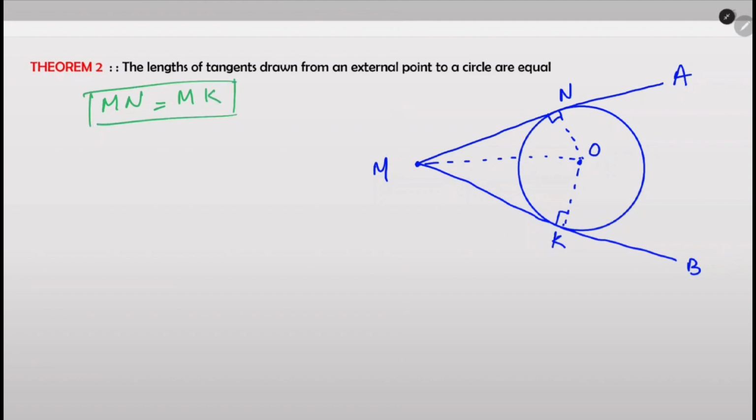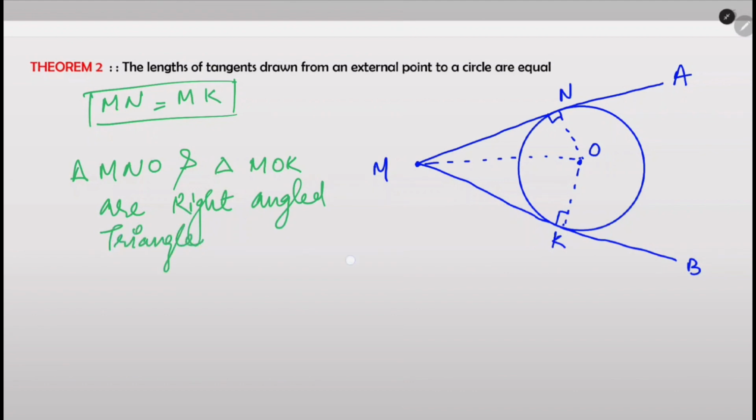Right? Now, if you have learned about triangles, as we know, these two are right angle triangles. This triangle MNO and triangle MOK are right angle triangles.